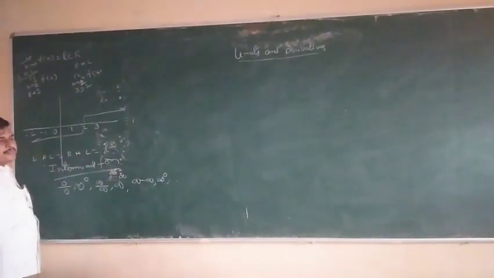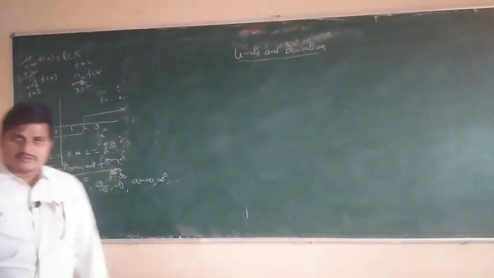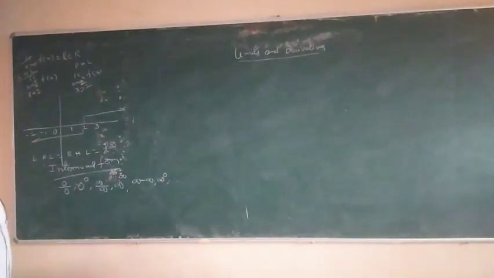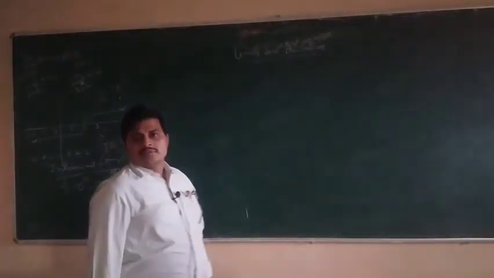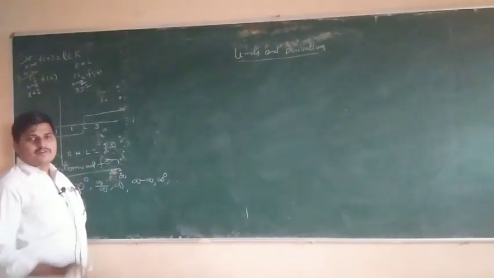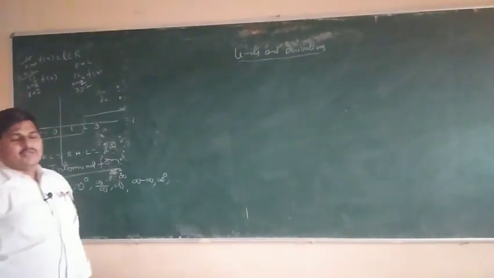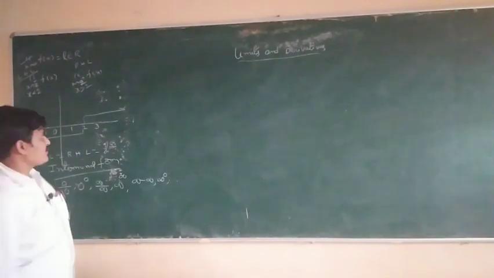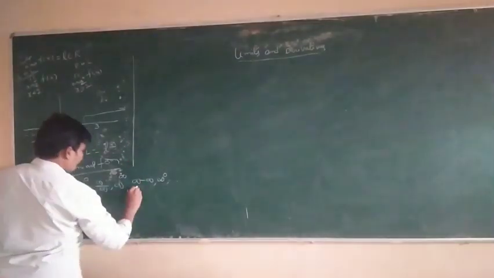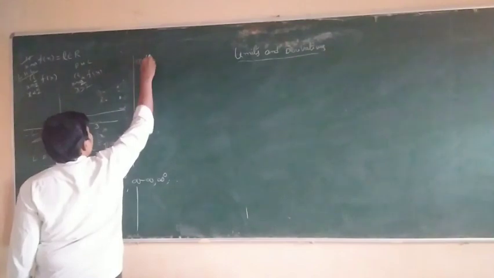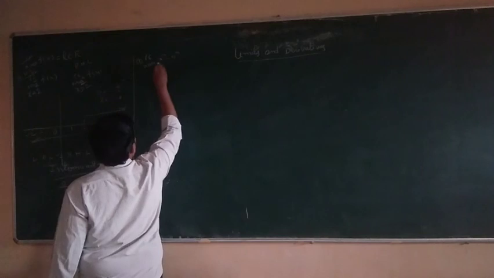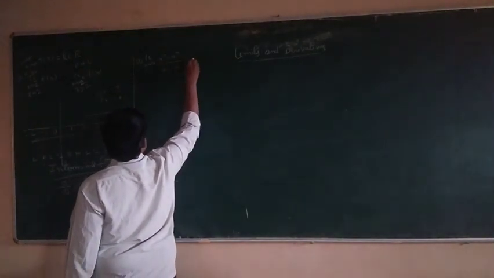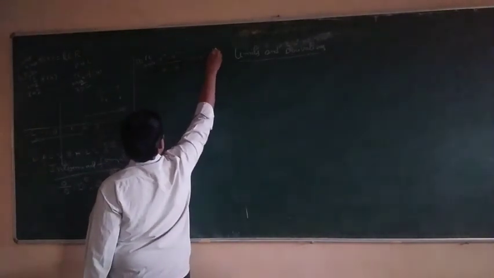First simplify the function, and another one is apply the formula. All formulas are for 0 by 0 form, indeterminate forms. Yesterday I discussed limit x tends to a, x power n minus a power n by x minus a is equal to n into a power n minus 1.